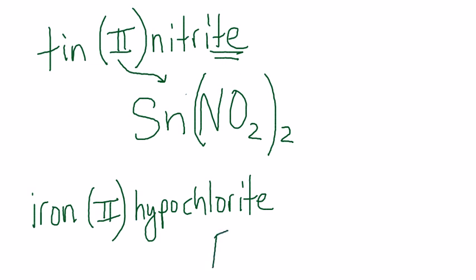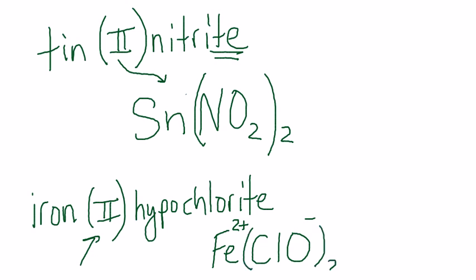Fe is the symbol for iron. If it's 2 positive, I'll put that right there. How do I know it's 2 positive? Our Roman numeral 2. And then I look up the hypochlorite ion, ClO. And when I do, I find that it's in the minus 1 column. Iron 2 hypochlorite, therefore, must be Fe(ClO)2. And as always, I erase my positive and negative charges.